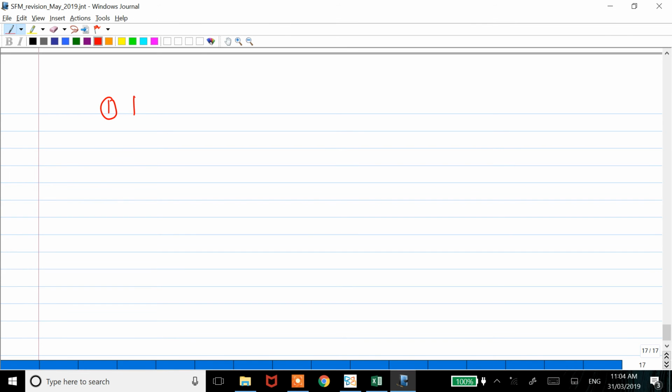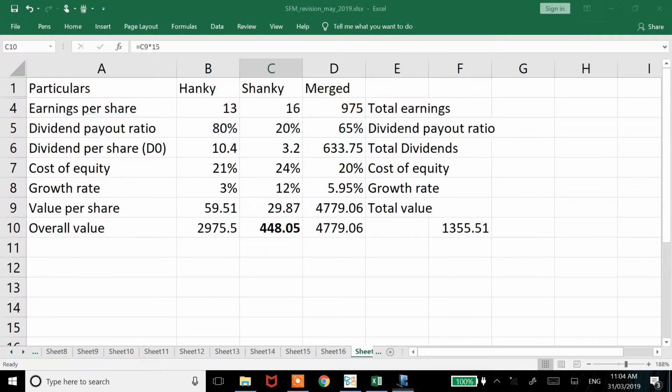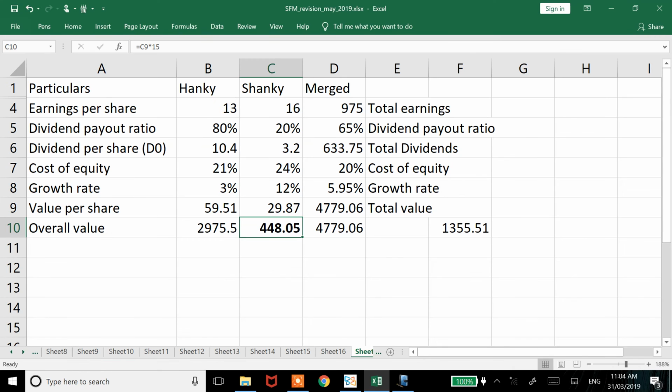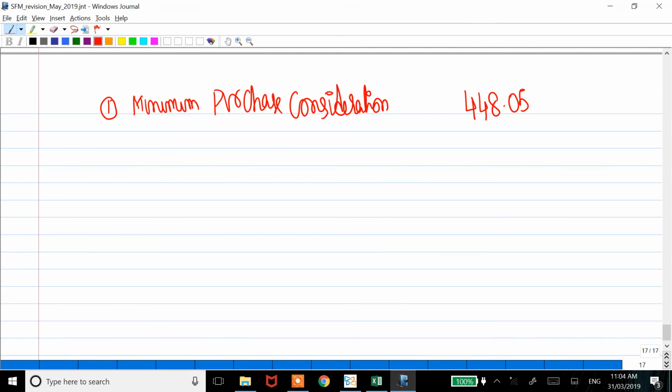Point number 1, minimum purchase consideration. 448.05.